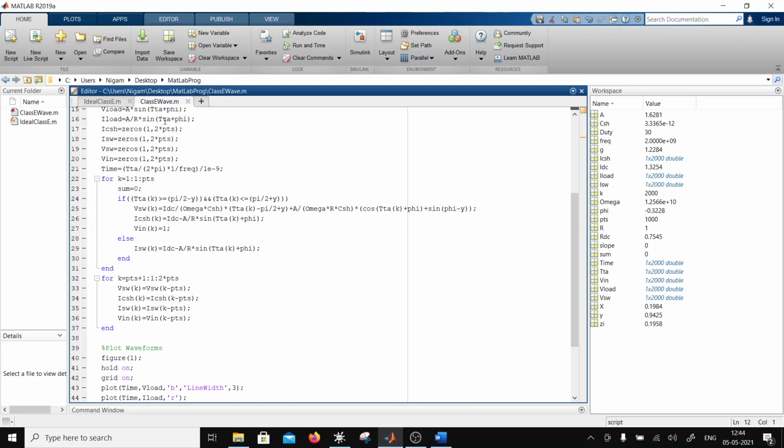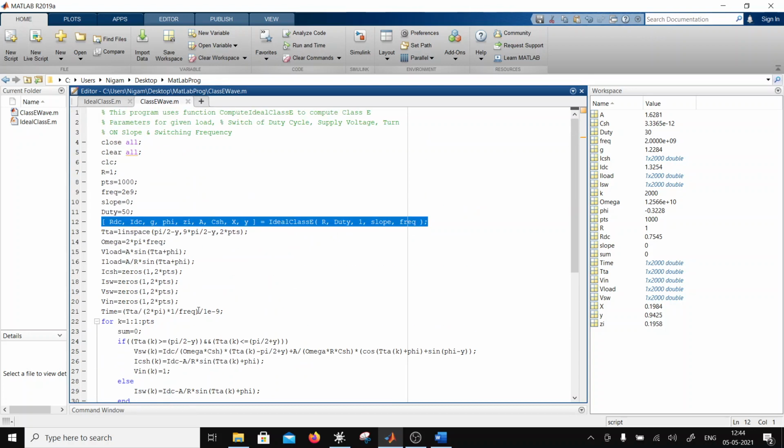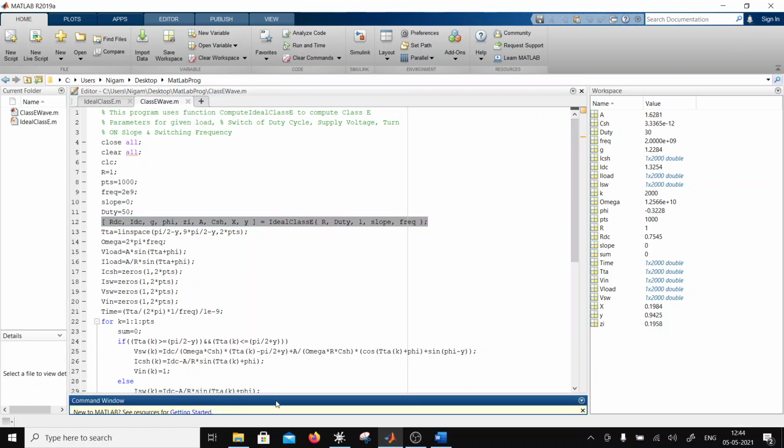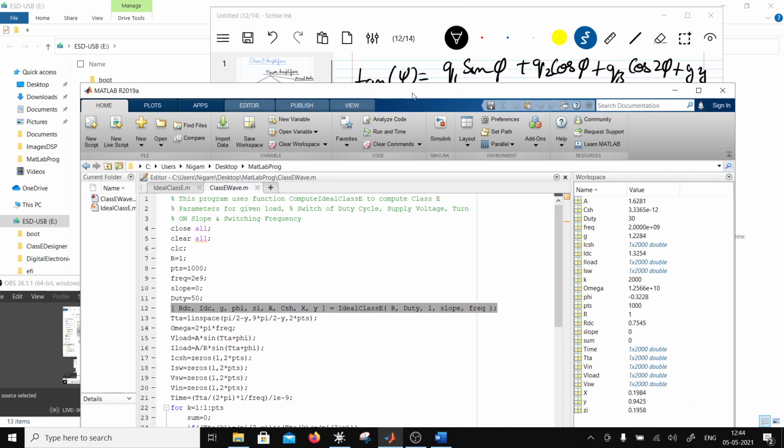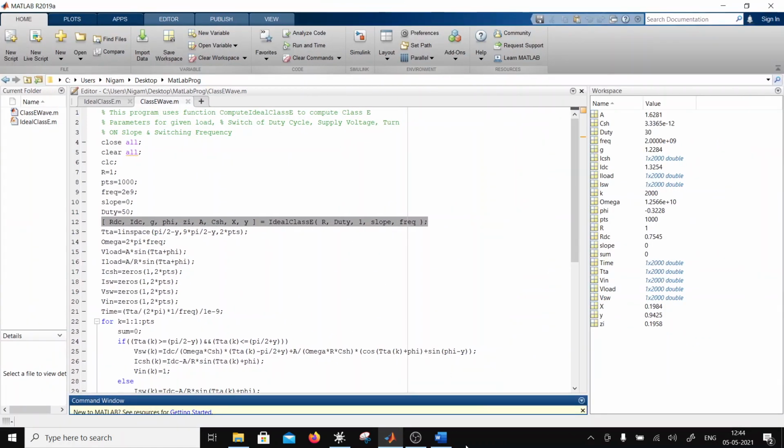So let's run this. Okay, so to run this script, hang on, command window is over here. So this is my command window.